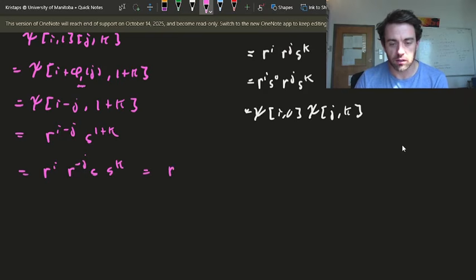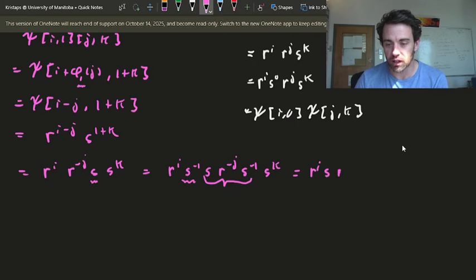And again, the mathematician's favorite trick, I can put s inverse, here I'll put s, r to the minus j, and now this s, I can actually write s as its own inverse. So I'll write this as s inverse, s to the k. But this term now is r^j, and s to the minus 1 is, again, just equal to s.